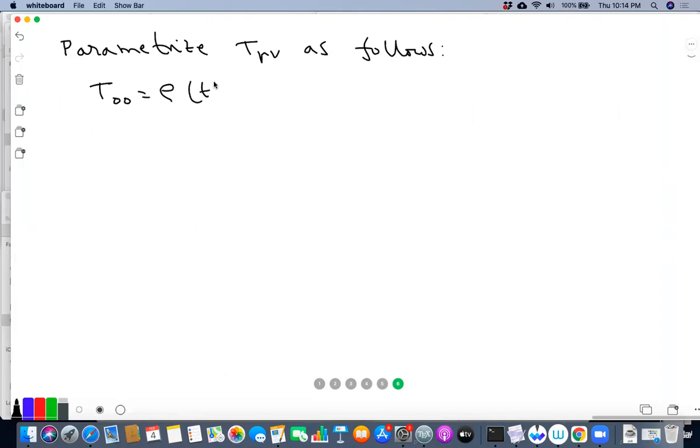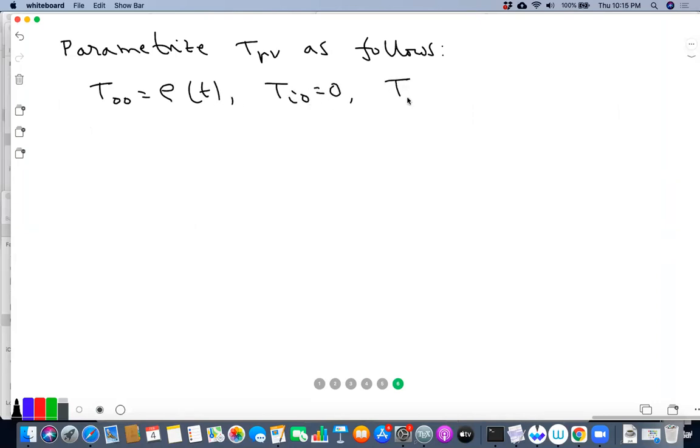So let me now parameterize, given this information, T_{μν} as follows. T_00 we'll call ρ, which is of course a function of t. T_i0 is 0.